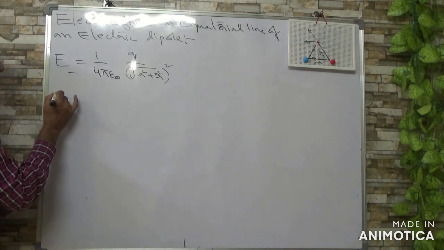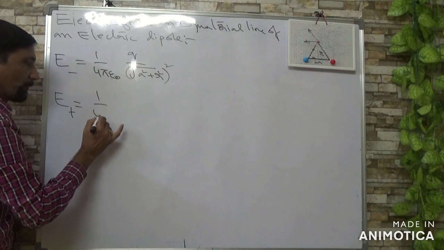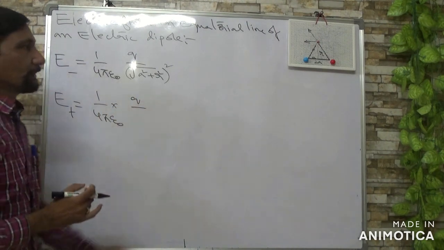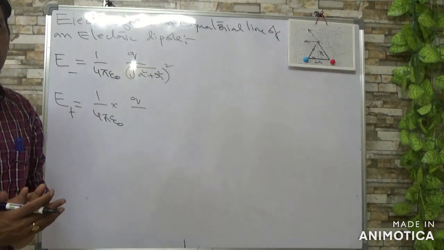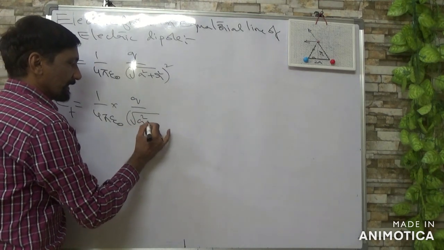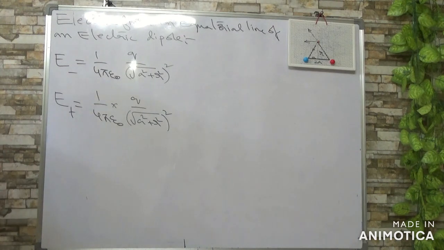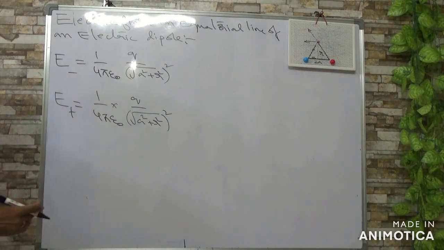Next, due to the positive charge, 1 by 4 pi epsilon naught into q by this distance square. Of course both are at the same distance, so it is root over (a square plus r square) whole square. So this is due to positive and this is due to negative.